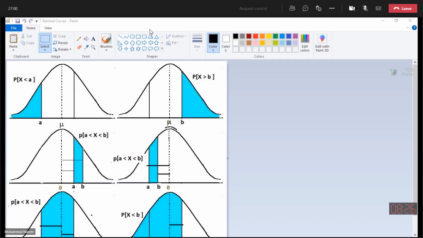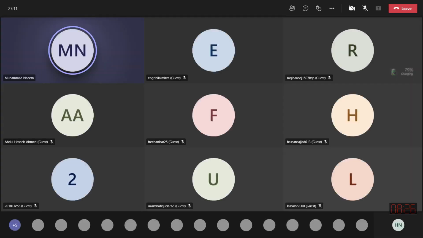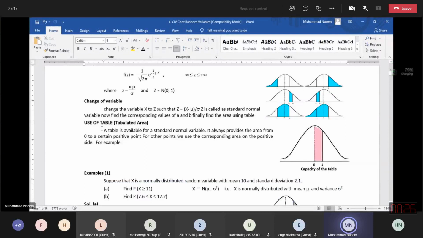So we must have a table for this particular distribution with mean and variance. So this is not possible. So that's why first we standardize our variable. And we have a table for this standard normal variable.